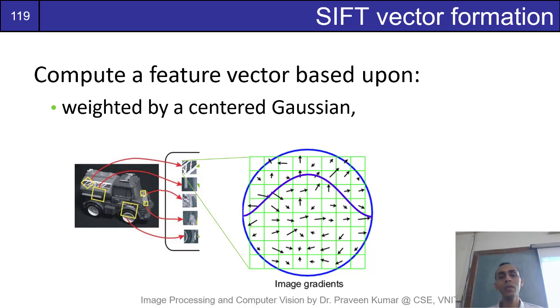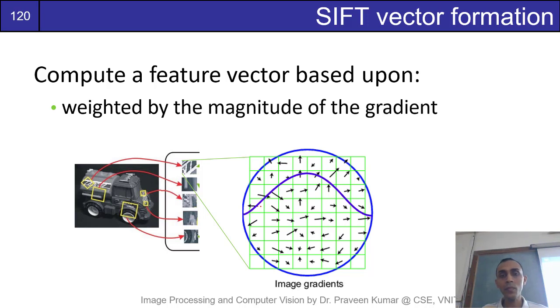Even if you shift 2 pixels here and there, the majority contribution is going to come from the center, not from the outer region, so that effect will be minimized. And of course, our histogram will be weighted by the magnitude of the gradients, which I already showed by the length of the arrow.